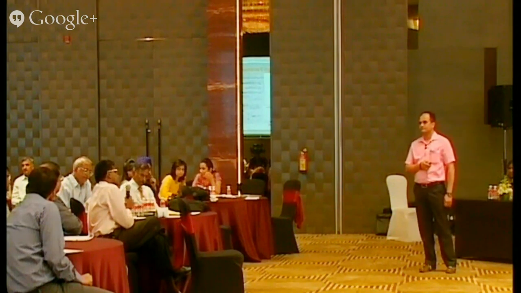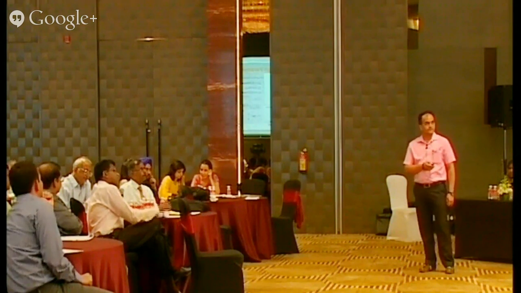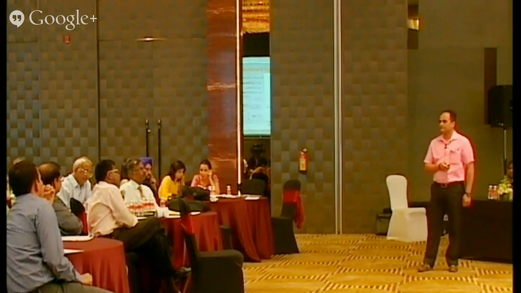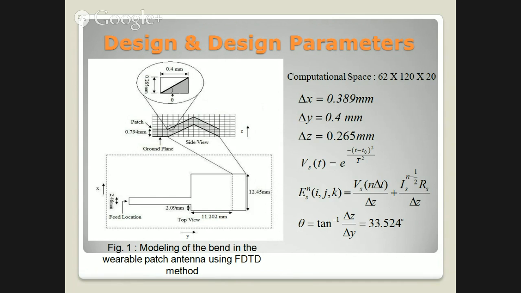But I should ask you, you have used the conventional cubic cell FDTD. Yes. And when you are doing bending, there are staircasing effects. Sir, we have not used staircase. Actually, sir, the patch is passing diagonally through the cell, so only the tangential component of the electric field we need to set to 0.